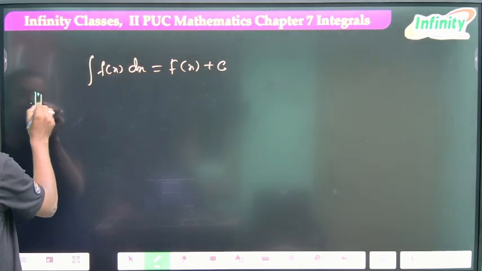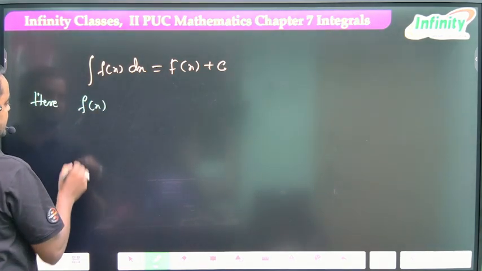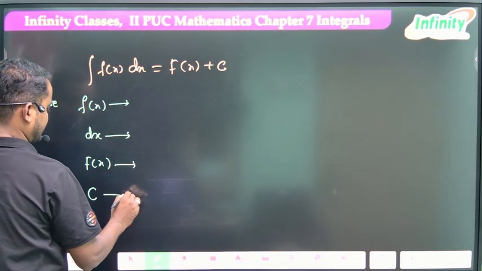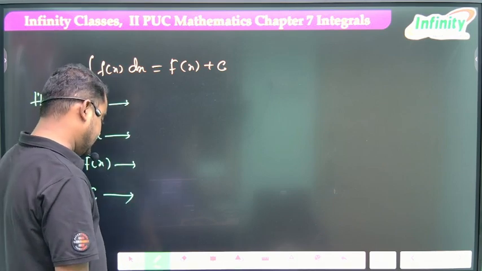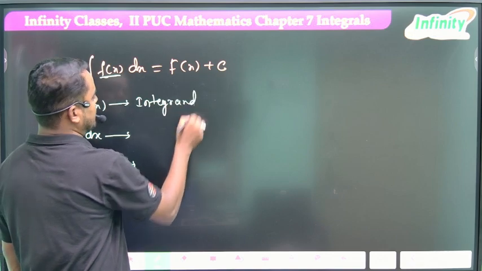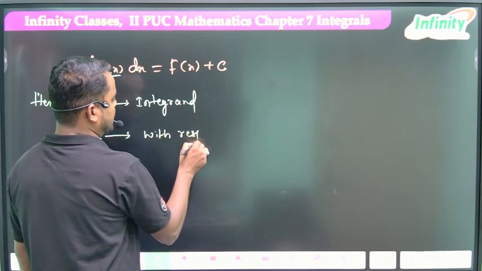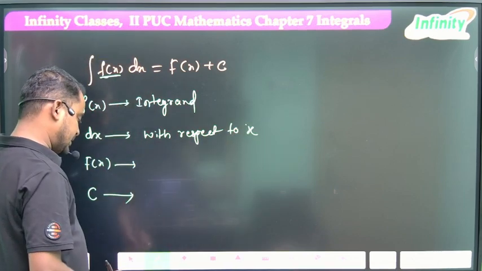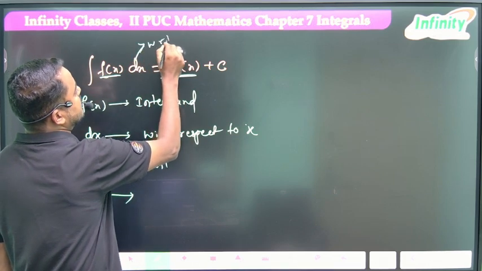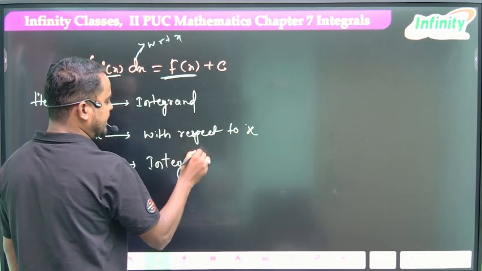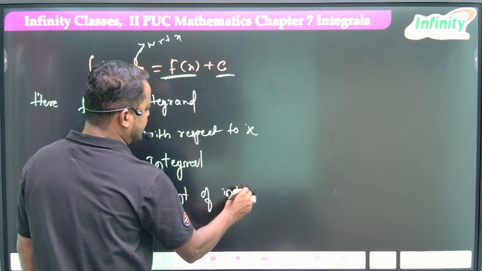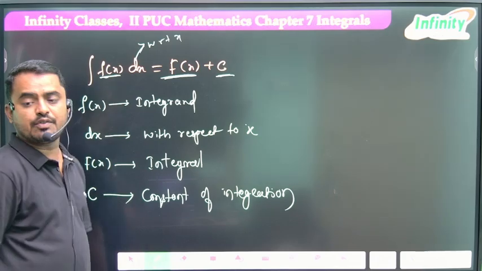Here f of x is called the integrand, dx means with respect to x, F of x is the integral we get after integrating, and this c is the constant of integration.